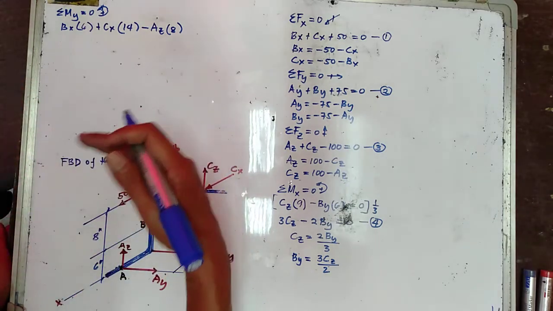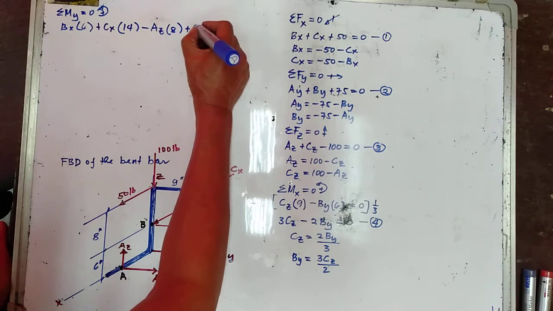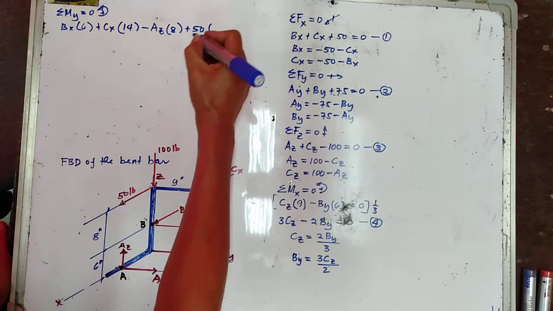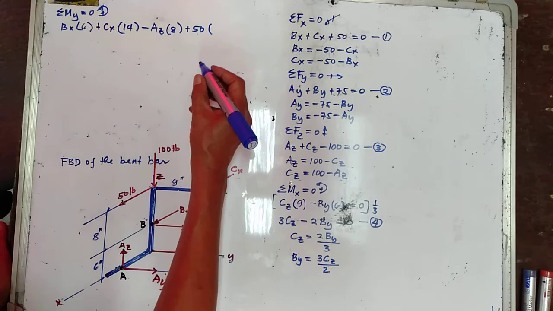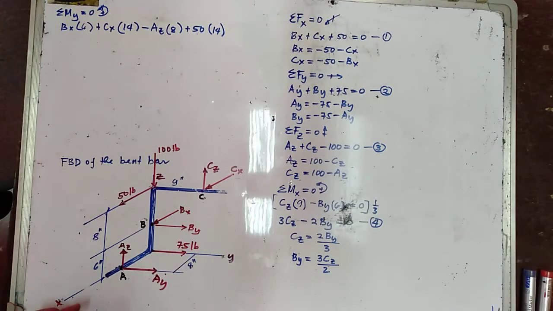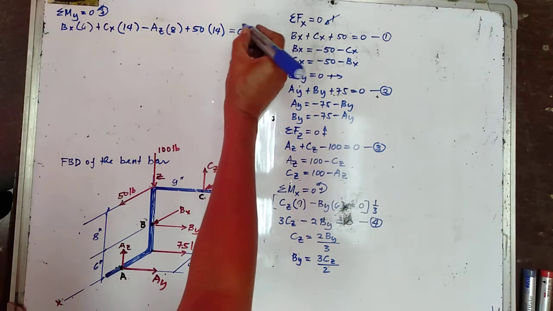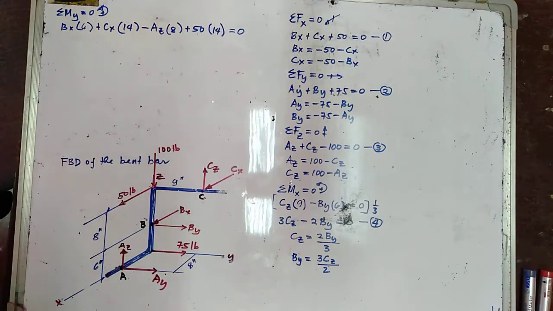So this is plus 50 because it is going counterclockwise. And the moment arm is equal to 14. Okay, so this is now equal to 0.